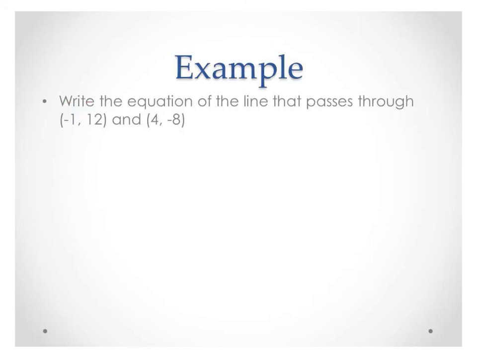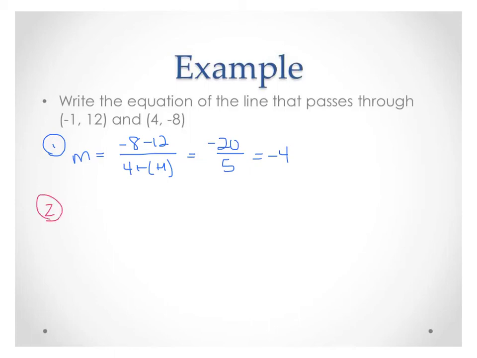Okay, so one more like this. Do we remember the first step? Find your slope. Okay, so let's do -8 minus 12 over 4 minus -1. So it's going to be -20 over 5, which is -4. Okay, second step, find your y-intercept.